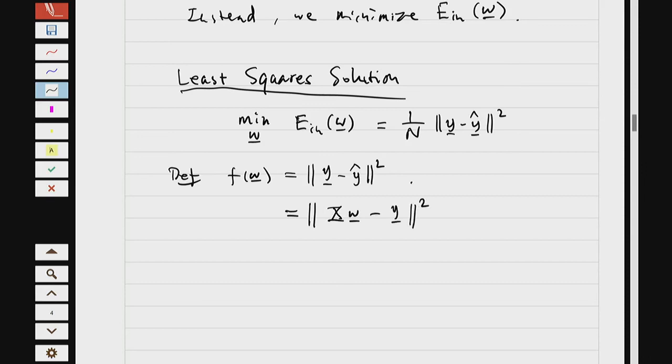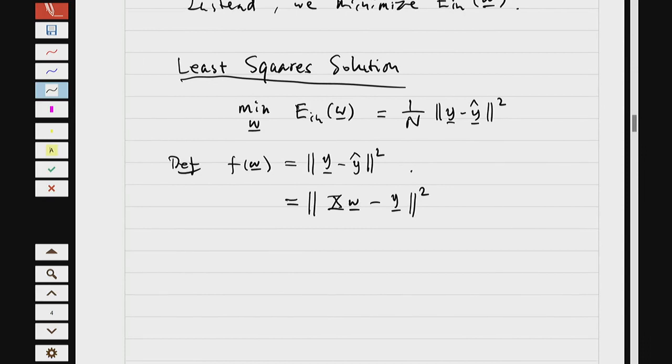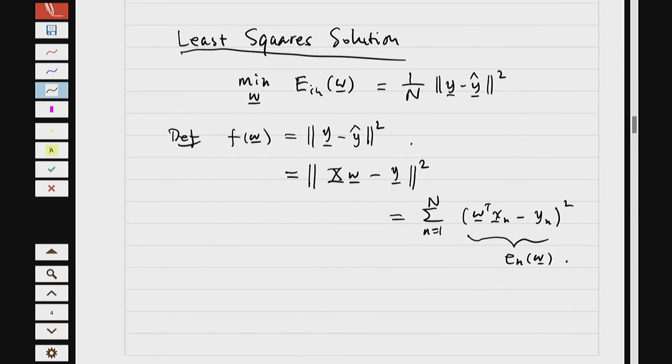And just as an aside, this is also equal to the sum of squares of xn w minus yn squared, where this one is our small en. This is just a cleaner way to write the sum of squares.